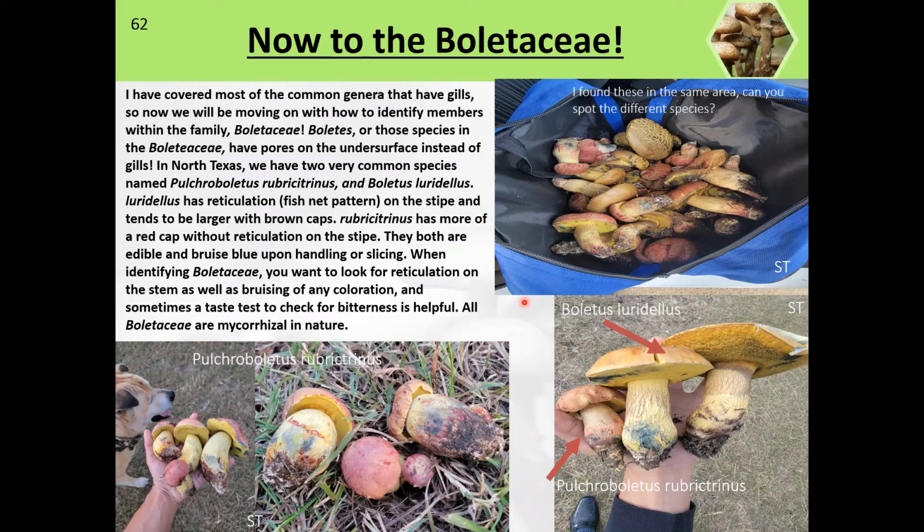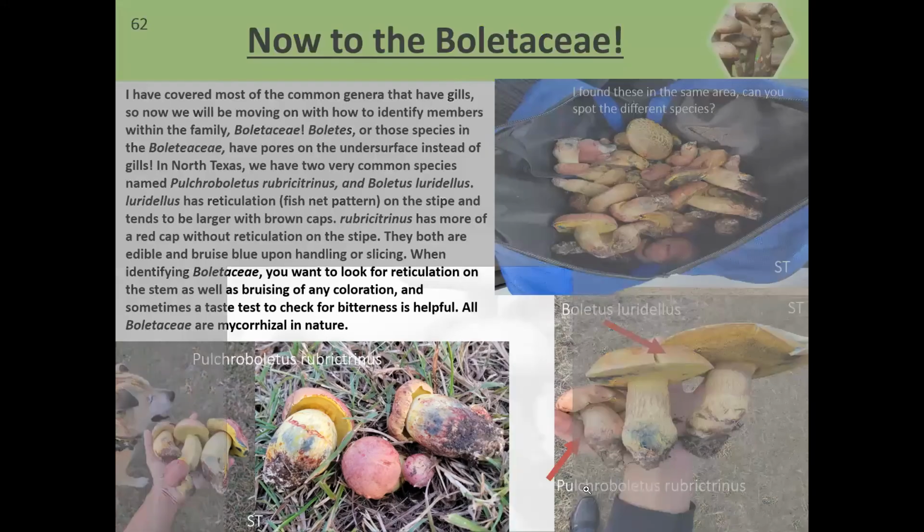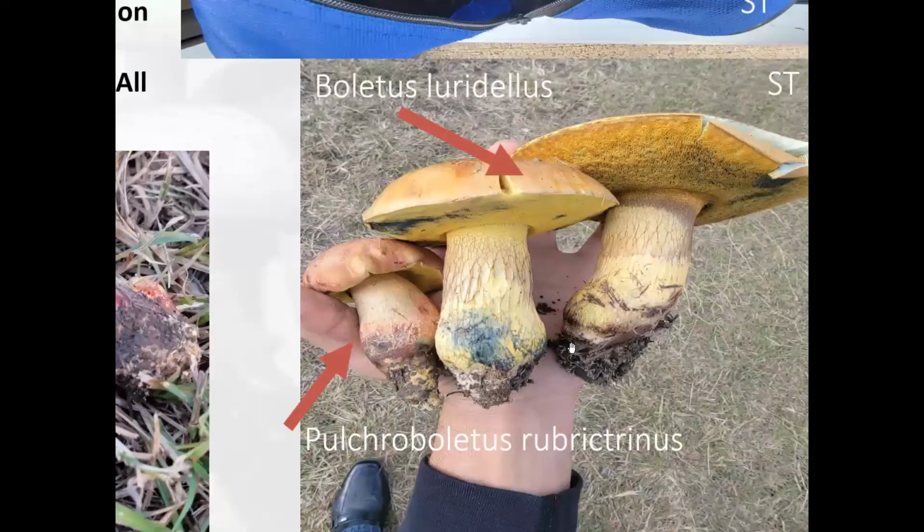So basically what I want to start off with is if you can zoom into this one right here. If you guys remember the word reticulum, the reticulate feature that I was talking about earlier is this fishnet pattern that you see on the side right here, right?